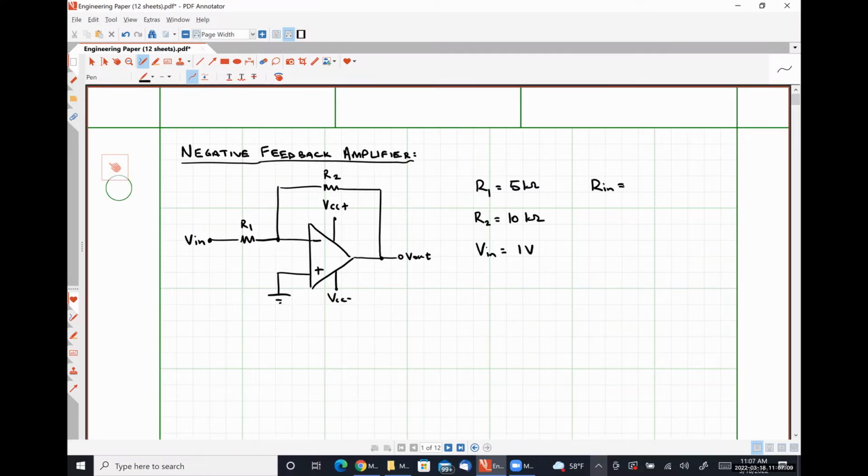R in is equal to 1 megaohm. And for the sake of argument, let's say that R out is equal to 100 ohms. And finally, our open loop voltage gain, AVOL, is going to be 10 to the 5 or 100,000 volts per volt. So these are the quantities that are given to us.